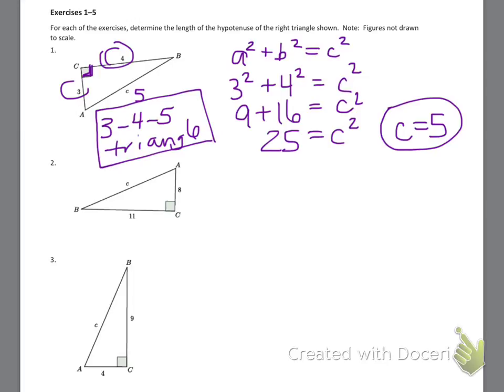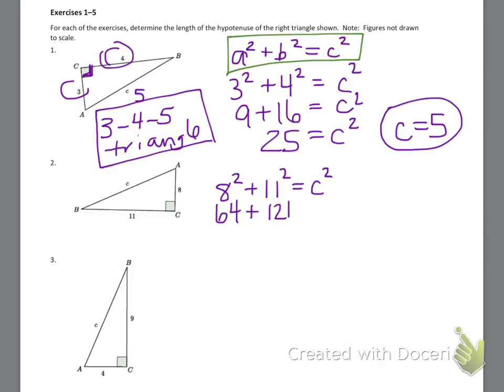Substituting into my Pythagorean theorem up here, a squared plus b squared is c squared, I'm going to get the equation 8 squared plus 11 squared is equal to c squared. So I've got 64 plus 11 squared is 121, and that is equal to c squared.